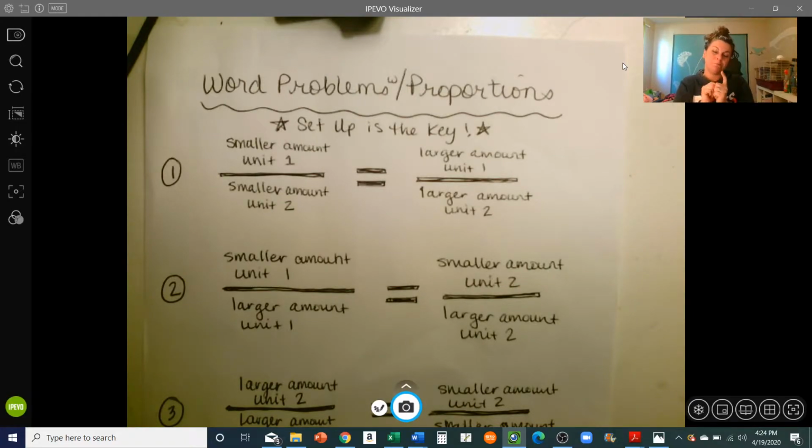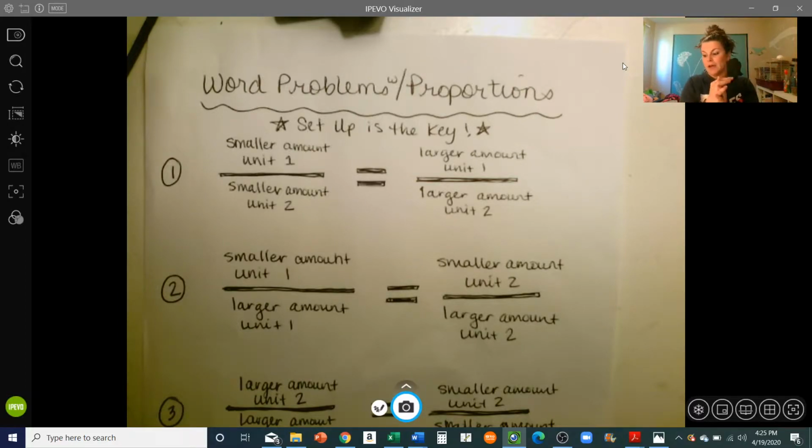So with a word problem, we'll be given some sort of smaller rate or smaller ratio, and then they're going to have some other kind of larger amount for the same type of ratio, because that's their proportional. So it's the same units and everything. It's just that you have this smaller amount.